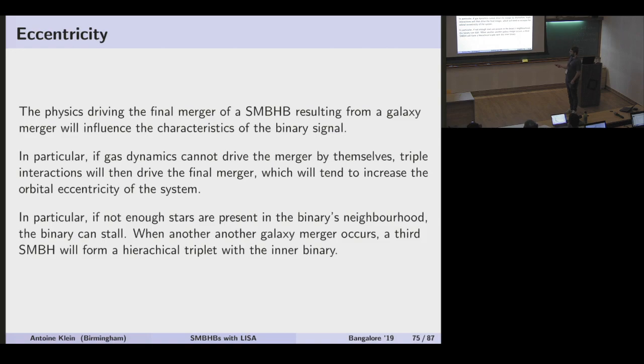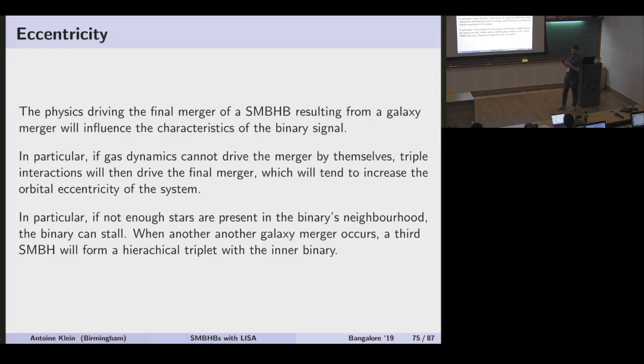So in particular, one interesting case is that if you don't solve the last parsec problem and all your binaries stall when they're 1 parsec away, what will happen? You first have a galaxy merger, and you form a binary that stalls at 1 parsec. But then a third galaxy comes in and merges with the galaxy that's already merged, and you have another supermassive black hole that comes into the system.